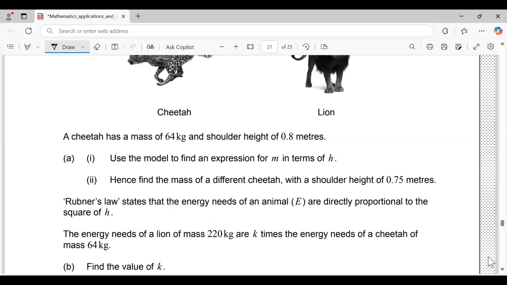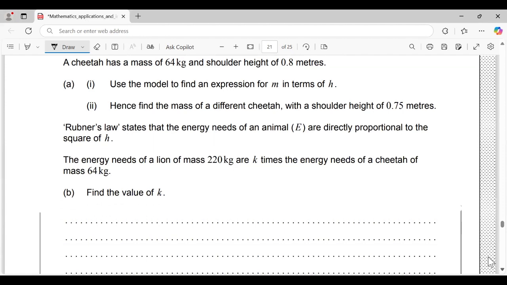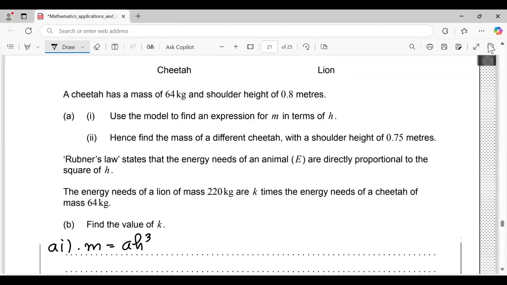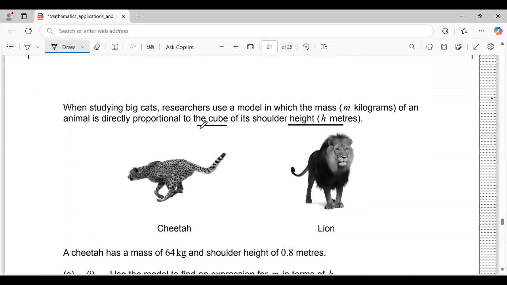Okay. Part 1. M equals A times H cubed. Because according to this information, the mass is proportional to the cube of its shoulder height.